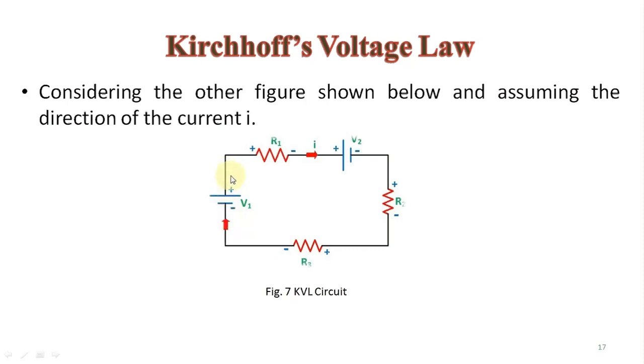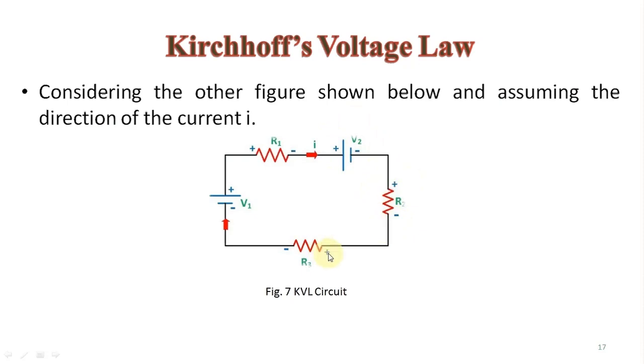plus. So V1, as the current flows from the positive side of a resistor to the negative side of a resistor, the voltage drop is I R1. So V1 minus I R1, and as the current flows from the positive side of a battery to the negative side of a battery, it is minus V2 because there is a fall in potential, and similarly minus I R2, that is the drop across this resistor.